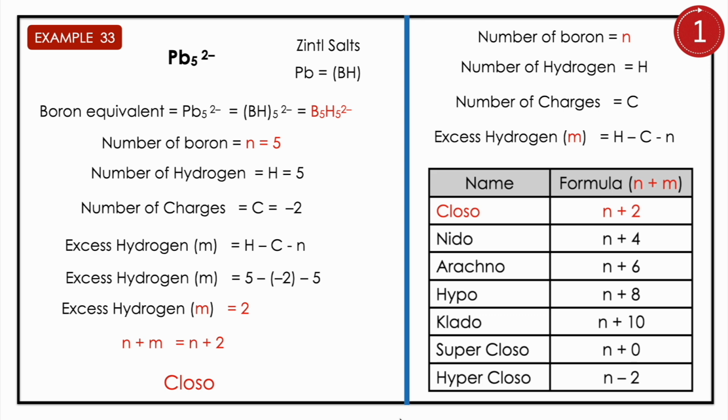So the excess of hydrogen will be H minus C minus N. If you substitute the values, M will be 5 minus minus 2 minus 5, which gives M equals 2. M equals 2 means it is an N plus 2 system, that is the Closo system. So according to Wade's rule, Pb5 2 minus has Closo structure.